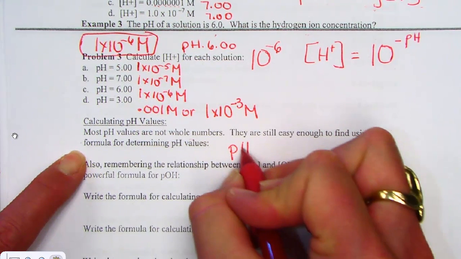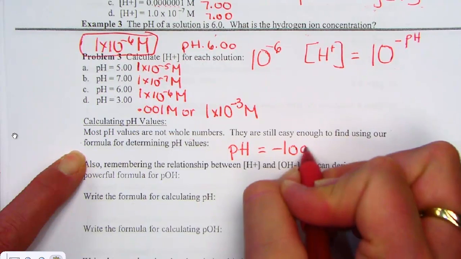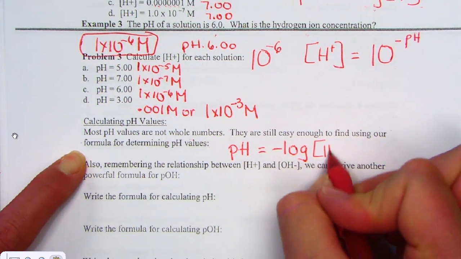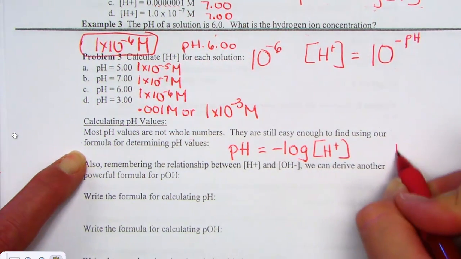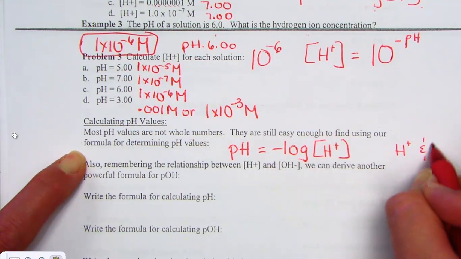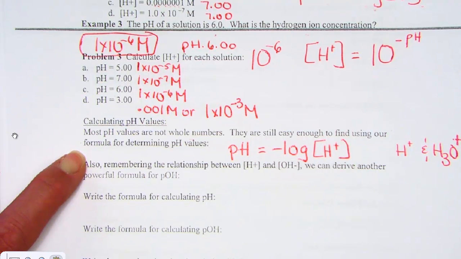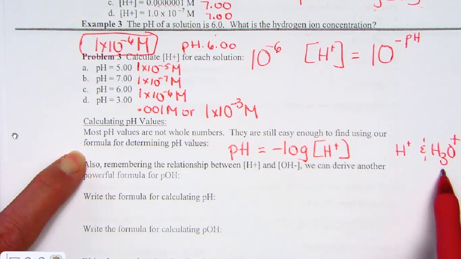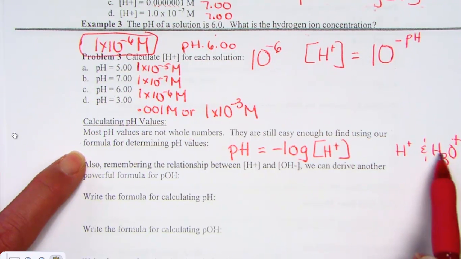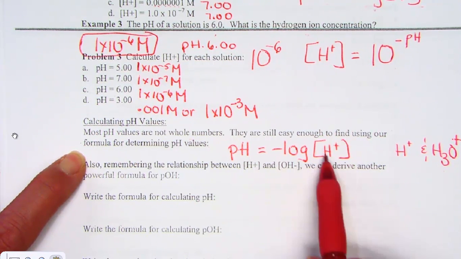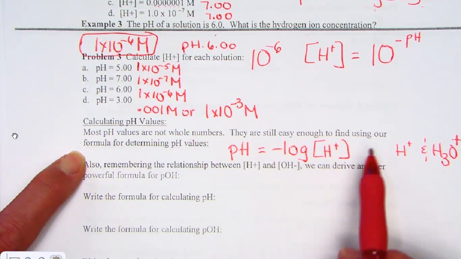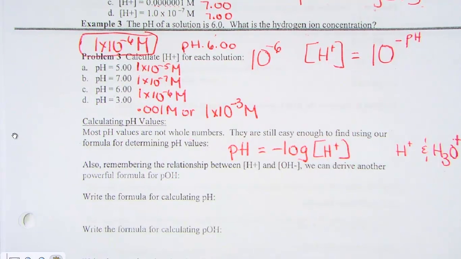Just to remind ourselves, pH is found by taking the negative log of the hydrogen ion. Also remember, chemists often use hydrogen ion interchangeably with the hydronium ion, H3O plus. These both represent the acid concentration, so either negative log H plus or negative log H3O plus, same thing in my mind.